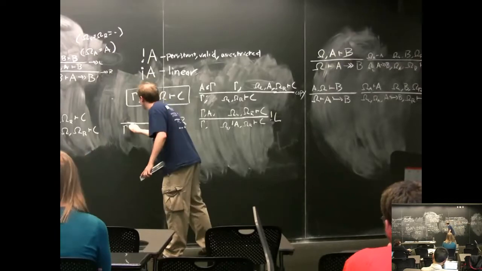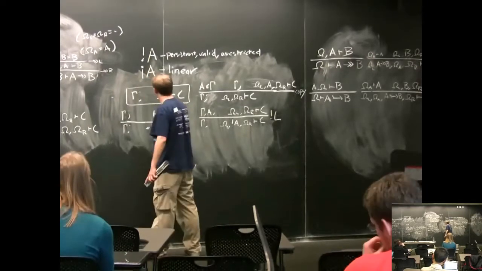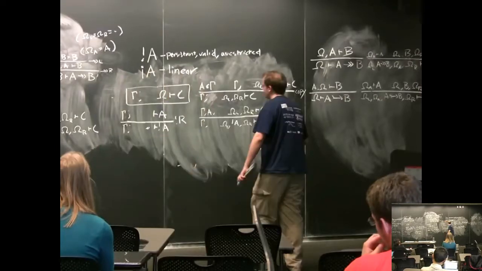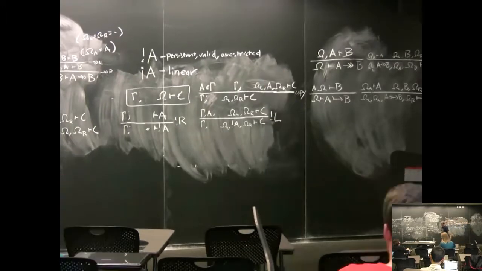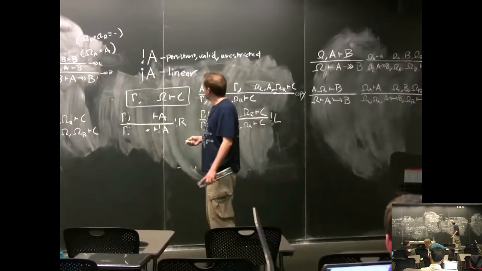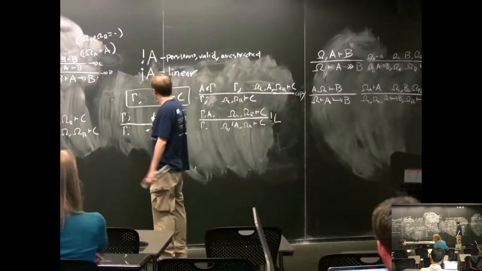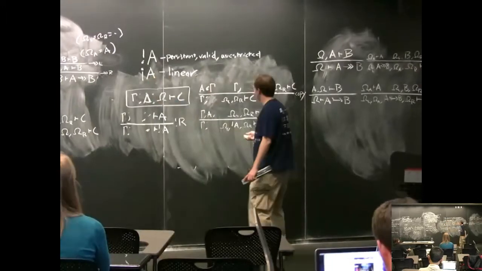I haven't written the linear, but if I can prove A with an empty ordered context, just like the way I wrote 1, then I can prove bang A. To add linearity in there, I'm going to add a third context, the linear one.